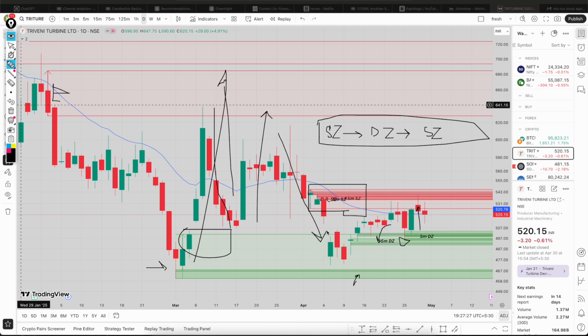So these things will keep going on, and we should also keep in mind while trading, like if the market is going from supply zone to demand zone, then we should be targeting all the supply zones for our entry. And if the market is going from demand zone to supply zone, to demand zone to supply zone, like that, then we should be aiming for our demand zone or sell orders.